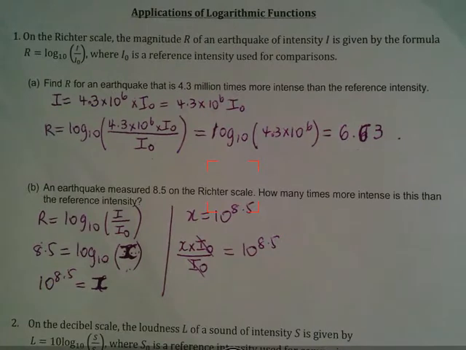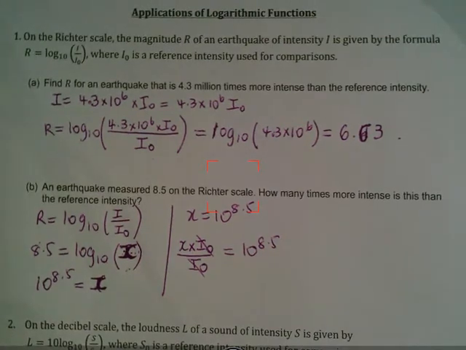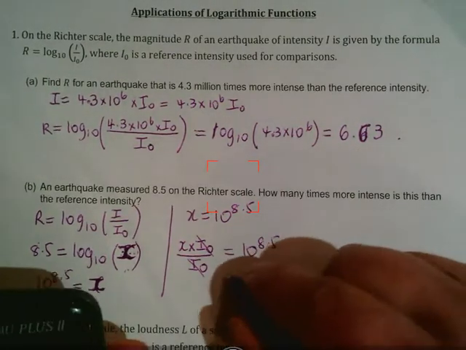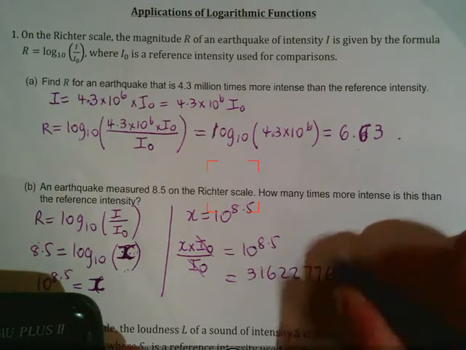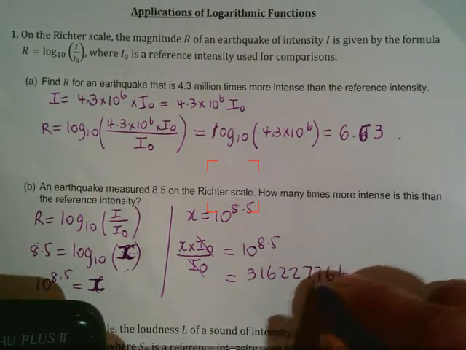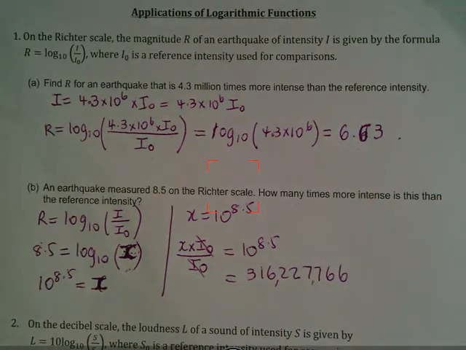So if you enter that on your calculator, 10 to the power of 8.5, this is what we get, 316227766. So counting back, we've got that it's 316 million.